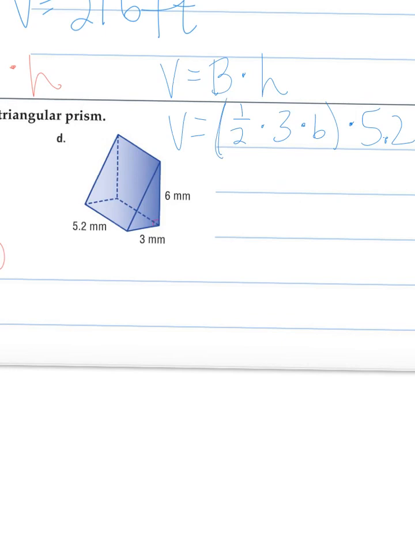Okay, notice I put this part in the parentheses just to show that this is the area of the base. So 1/2 times 3 times 6 times 5.2. And the volume equals 46 8/10 millimeters cubed.